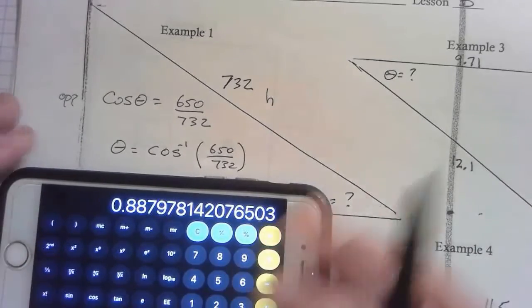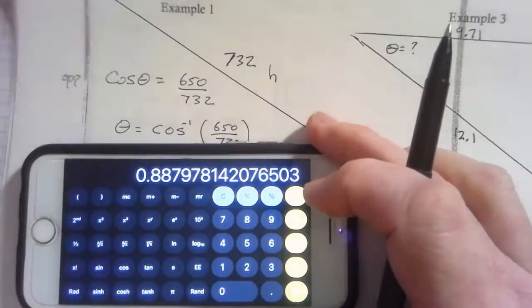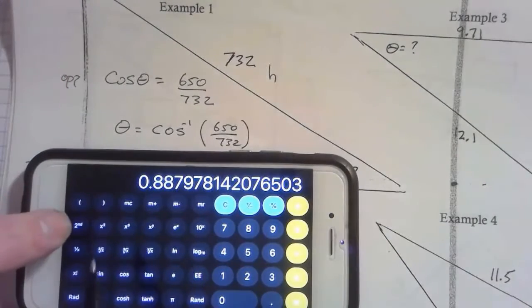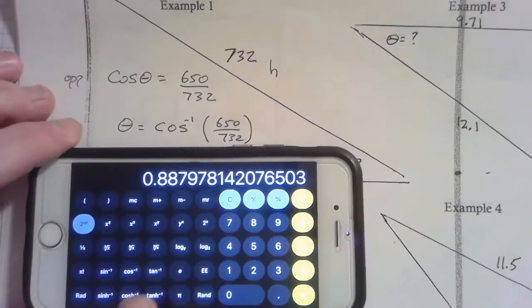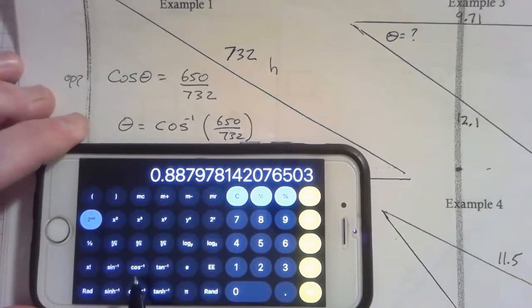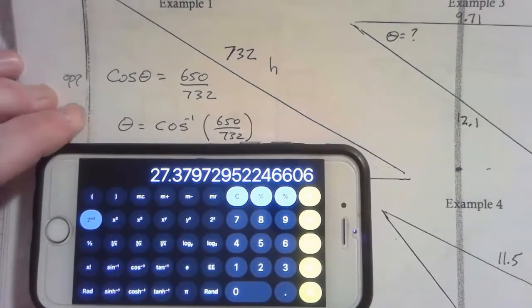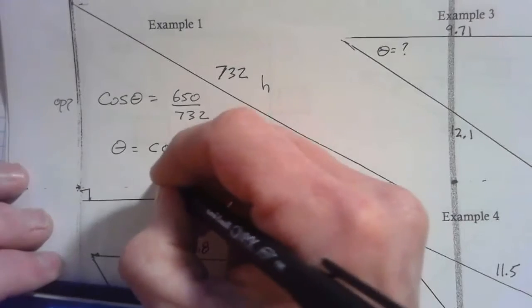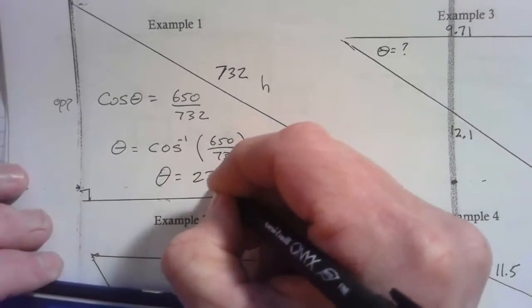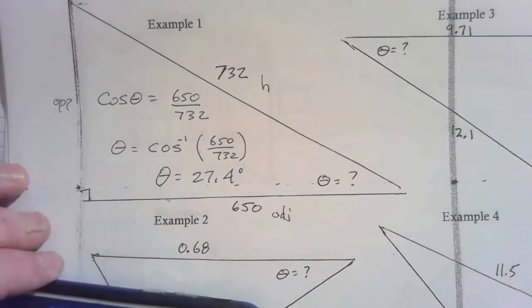Then I'm going to hit my second button here, and I'm going to hit cosine, which looks like this guy here. And that gives it to me, 27.4 degrees. So theta, in this case, is 27.4 degrees.